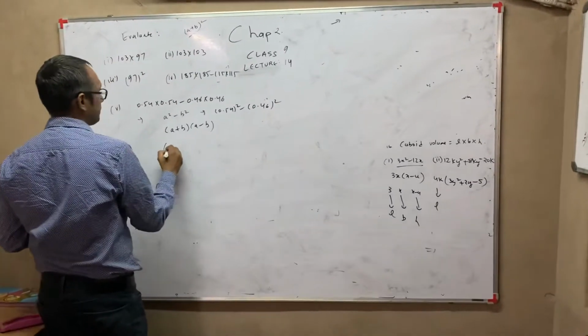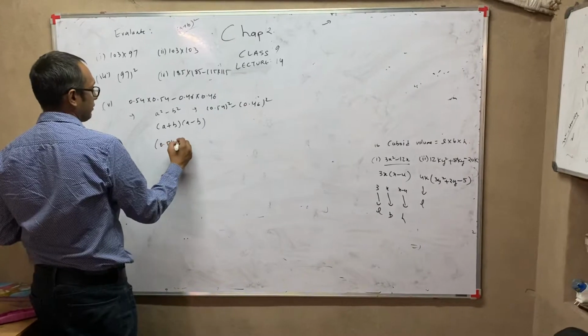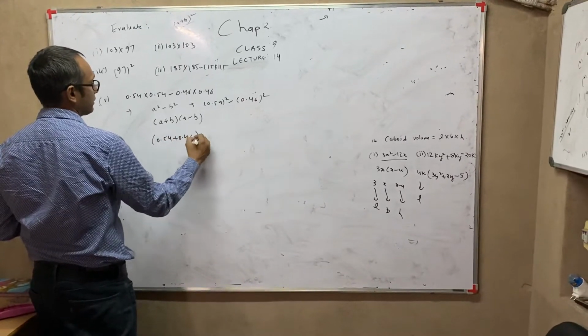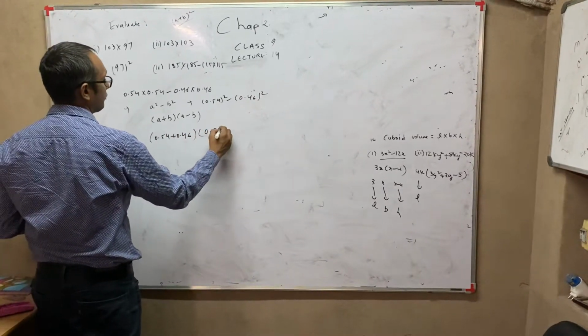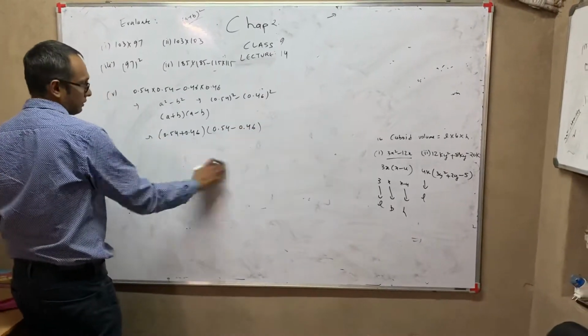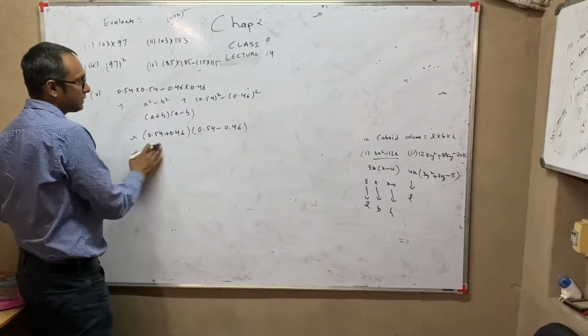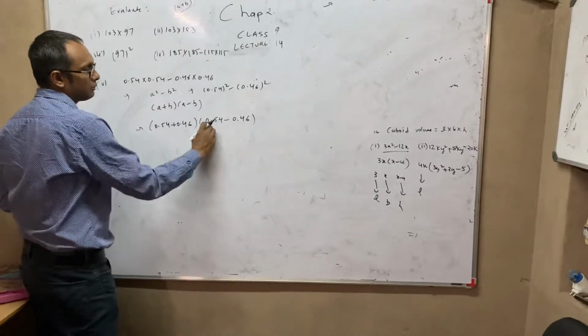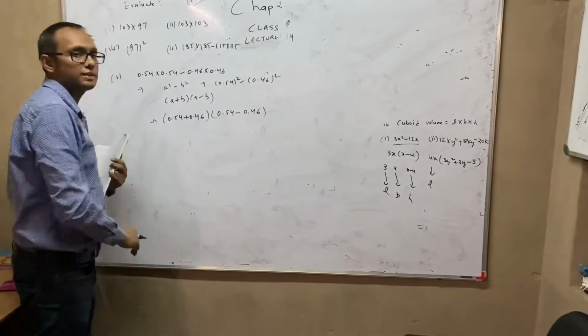So a plus b will be 0.54 plus 0.46 and a minus b is 0.54 minus 0.46. Now you just have to solve this, just add this, and whatever you get, that will be the sum.